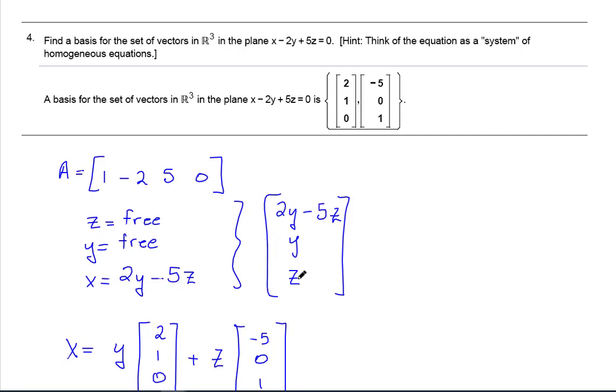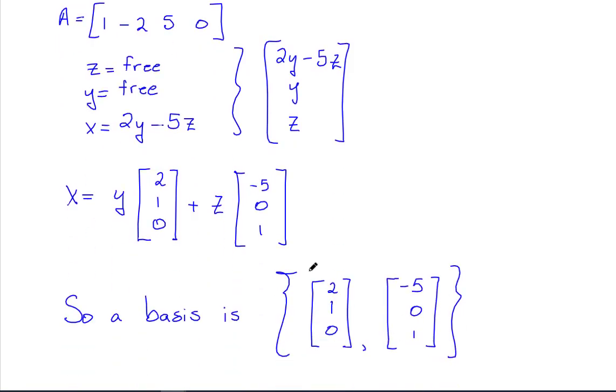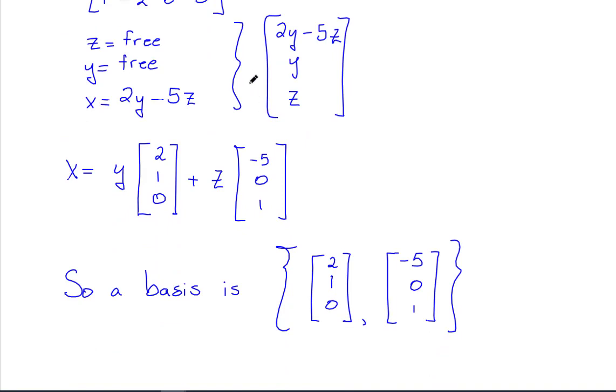So put all that together. And so now if I split off the pieces that have y in it and z in it, all right, so the y parts, I've got a 2, 1, no y's. For the z piece, -5, no z's, and a 1. So a basis for all the vectors that live in that plane have to be linear combinations of these two vectors.